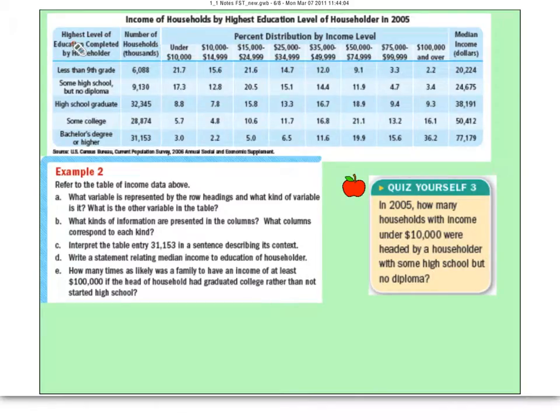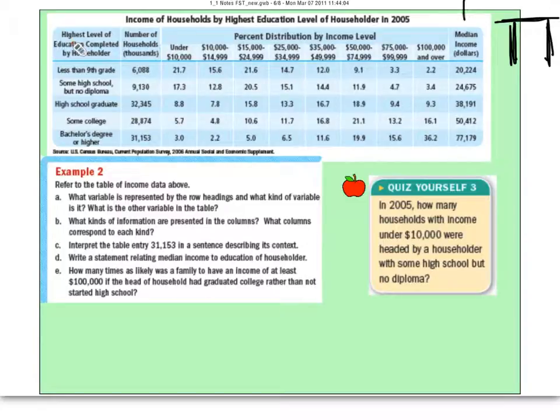Okay. Let's start with A, same table of data. What variable is represented by the row heading, and what kind of variable is it? What is the other variable in the table? So if you think about it in rows versus columns, by the way, on a building, when you build a building, you have these walls with the roof, right? These are called columns. Columns go up and down.